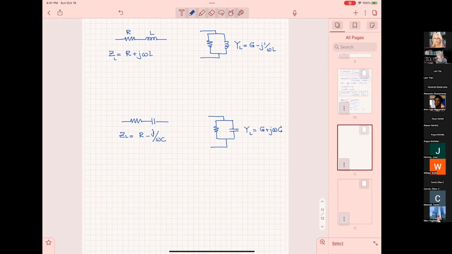So for series capacitors, it's going to mirror, well, not the real part, but the imaginary part. It's going to mirror the shunt inductor, right? Exactly. Yeah, I just wanted to have the idea.